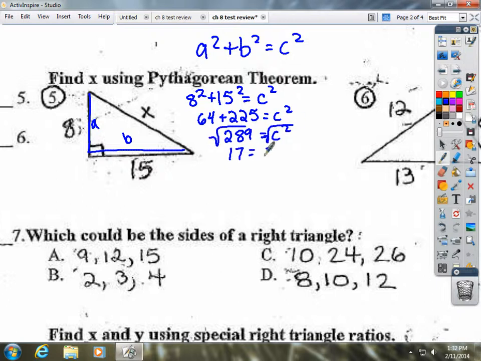This is 17. And number 6, we do much the same way, except this time we have the hypotenuse. The hypotenuse is 13.